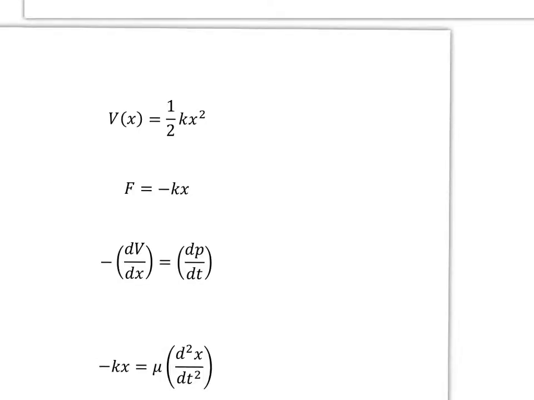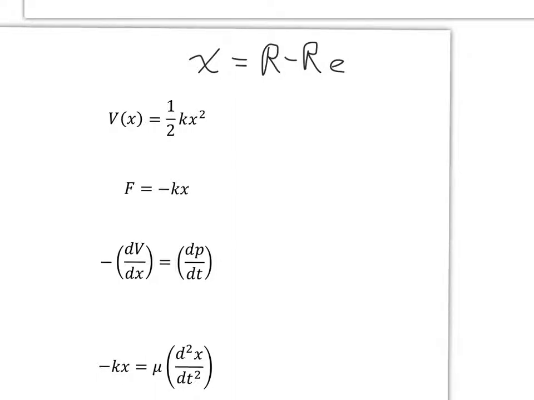So first of all, we make a change of variable to make things a little less messy, and we just say x equals r minus r_e. So then the potential energy curve is centered on x equals 0. And so we can consider x to be equal to the displacement from equilibrium.